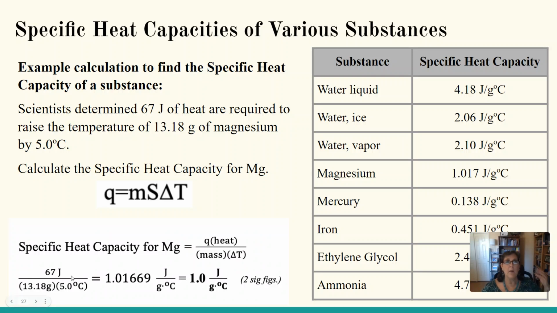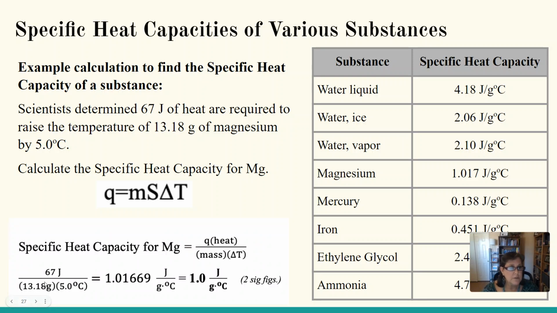So joules, we have 67 joules, so that's on top. Grams, we have 13.18 grams of magnesium. And the temperature changed 5 degrees because it was raised by 5 degrees. So that's a positive 5.0 degrees Celsius. So we just plug those in and we'll solve for S, specific heat capacity.